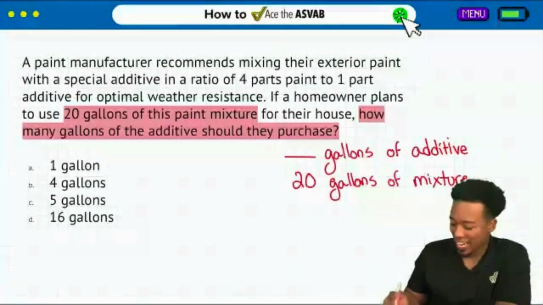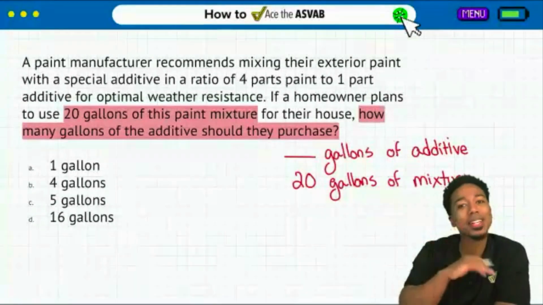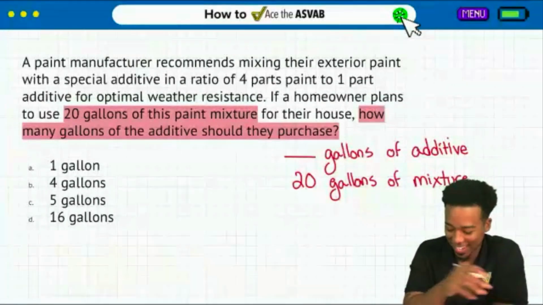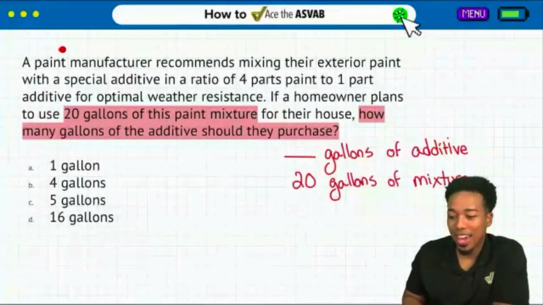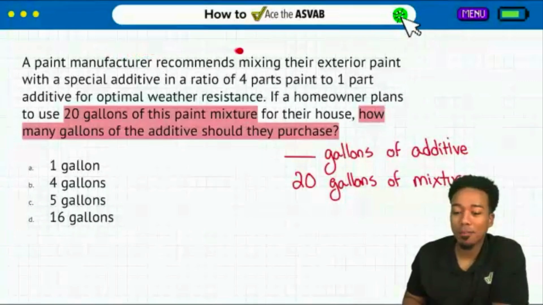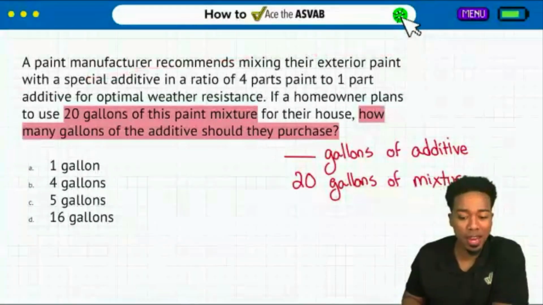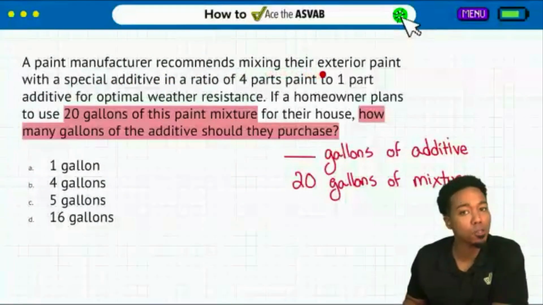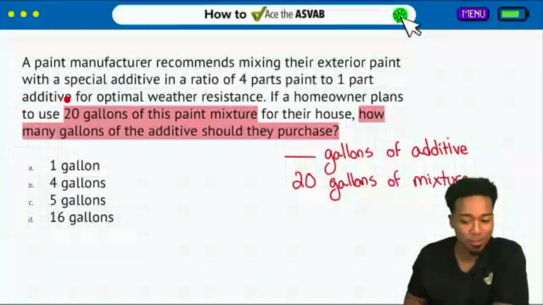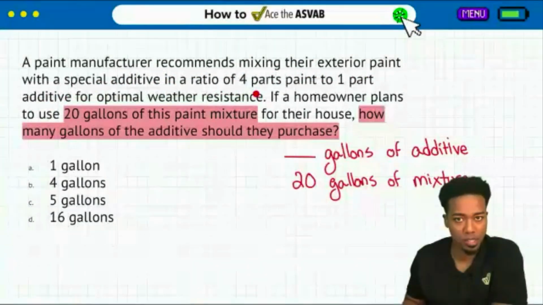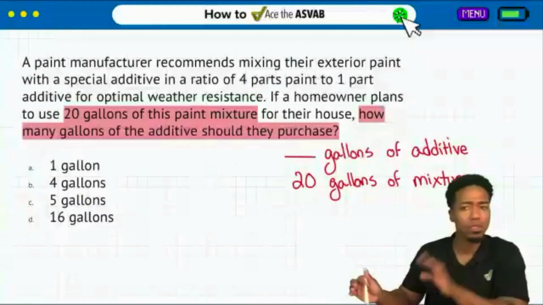Now let's take a look at the information that's given to us. It says a paint manufacturer recommends mixing their exterior paint with a special additive in a ratio of 4 parts paint to 1 part additive for optimal weather resistance. So if that didn't make too much sense for you, story time.